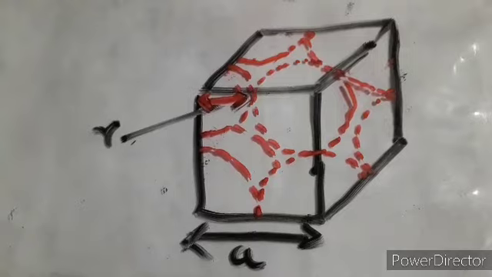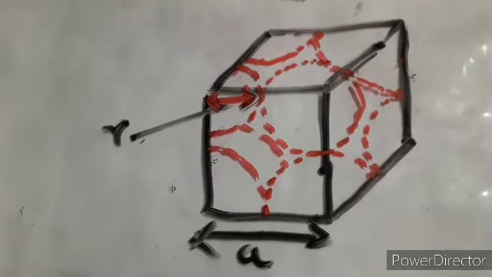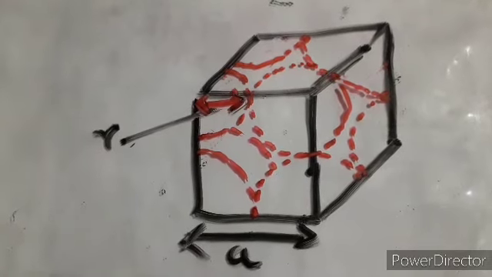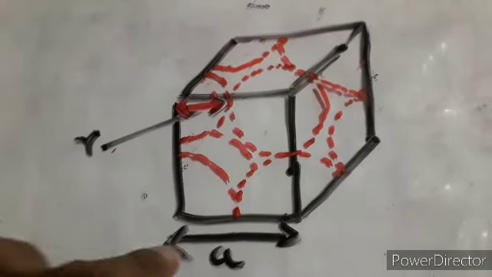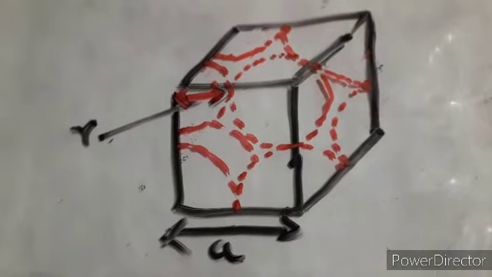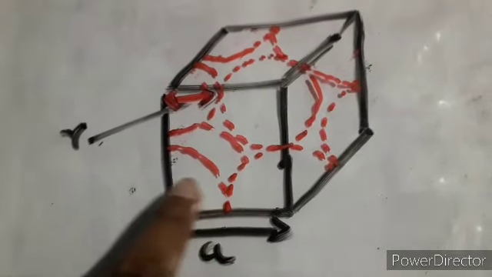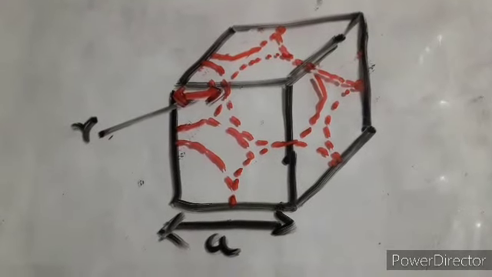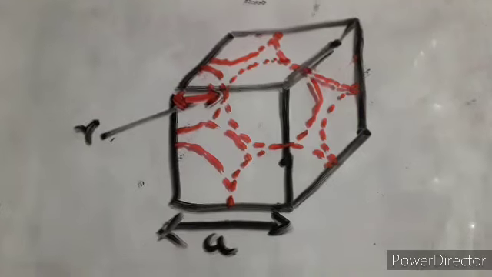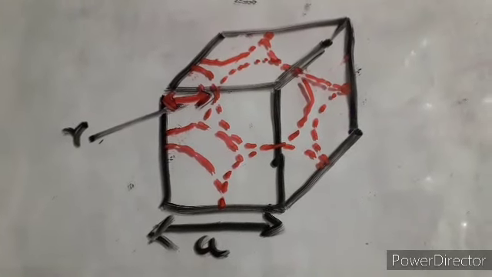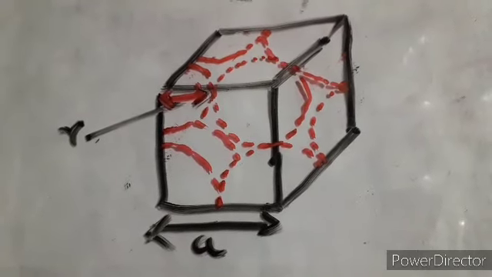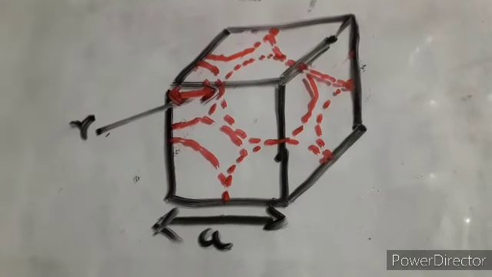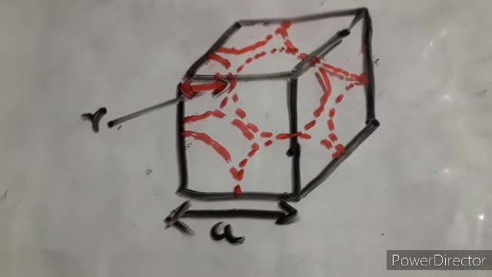And the nearest distance: actually the edge length is considered as the nearest neighbor distance, because there are two atoms and the distance between these two atoms is considered the nearest neighbor distance. This way you can express r, your radius, and a, your edge length, and the edge length is directly related to the distance, right?